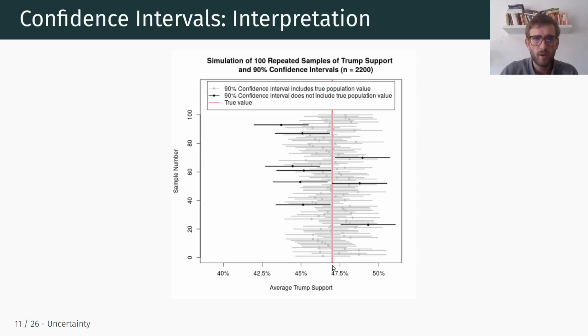We have our true population parameter, which is of course 46%, I think it was, for Trump. That's the actual election result.